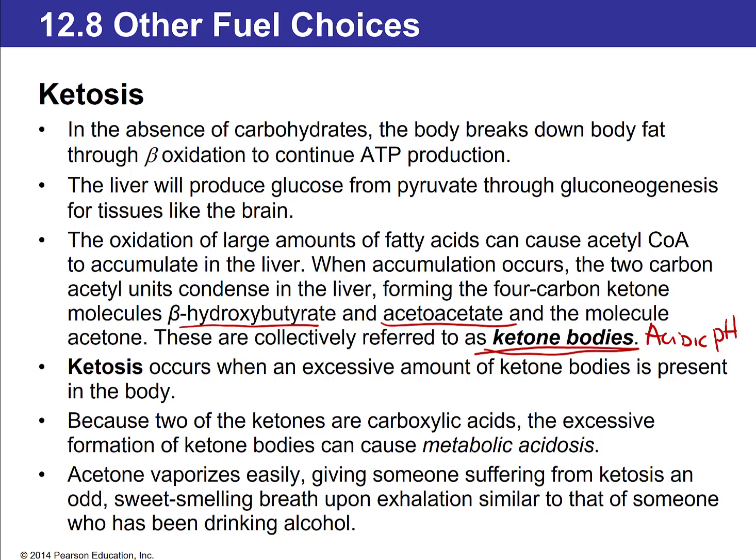And for diabetics, because remember the diabetics don't have insulin, so their bodies can't use glucose, can't use carbohydrates. So their body relies more on fats to break down, and they end up building up lots of these ketone molecules that can create ketoacidosis.